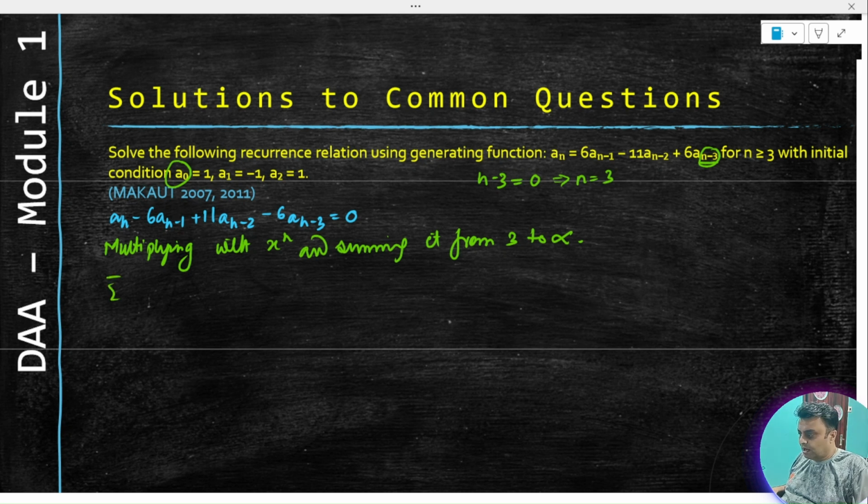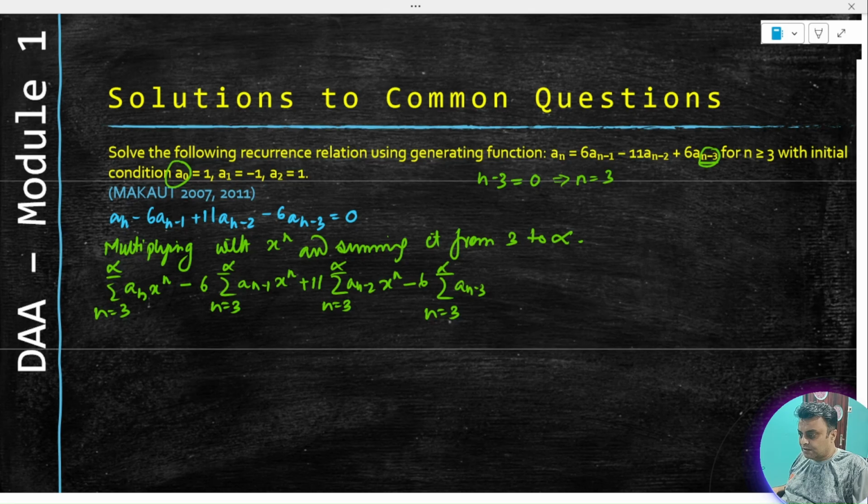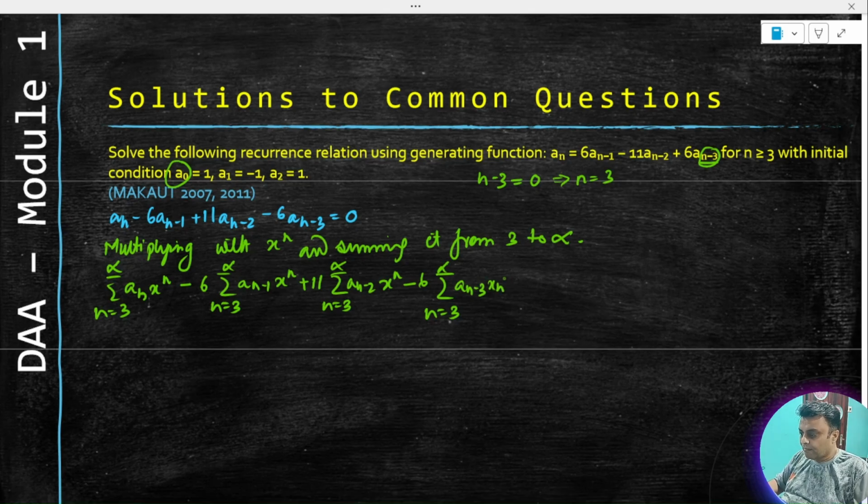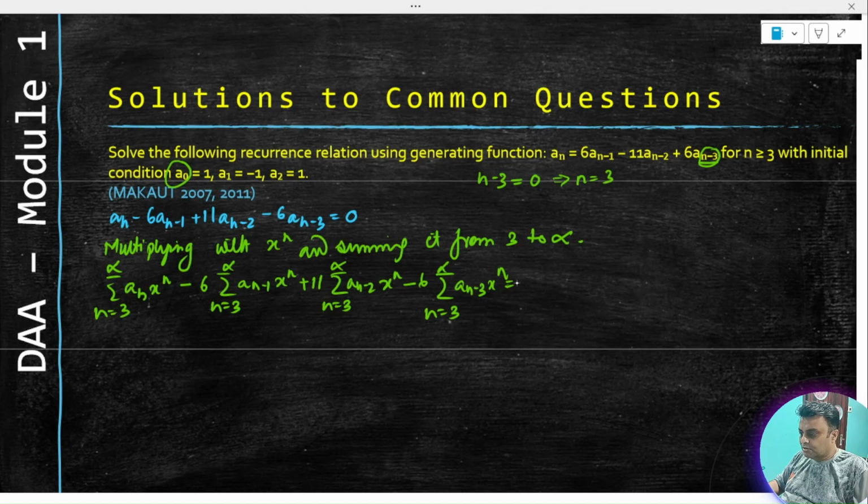We get sigma n equal to 3 to infinity of a_n x^n, minus 6 sigma n equal to 3 to infinity of a_(n-1) x^n, plus 11 sigma n equal to 3 to infinity of a_(n-2) x^n, minus 6 sigma n equal to 3 to infinity of a_(n-3) x^n, and this is equal to 0.